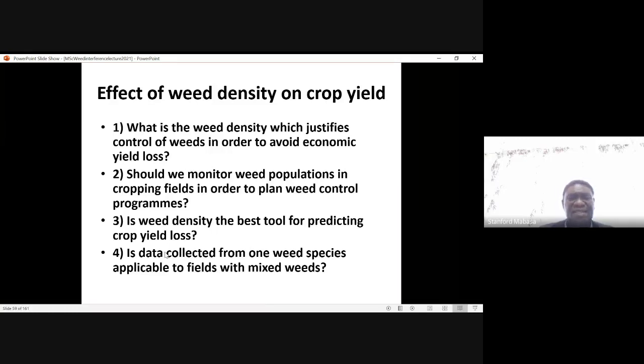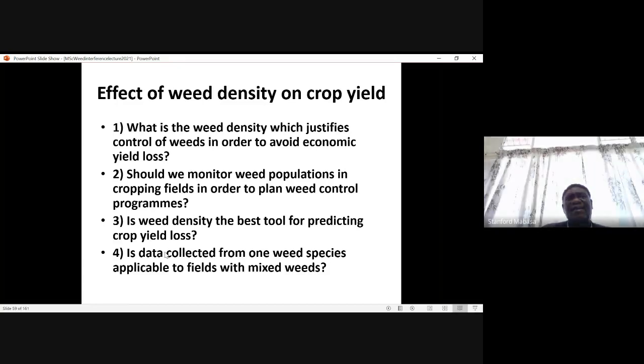Which I was just saying in number 4, we've got so many weed species. If we concentrate on one weed, do we get a better answer? Number 3, weed density. Are there other measurements like maybe leaf area, relative cover?